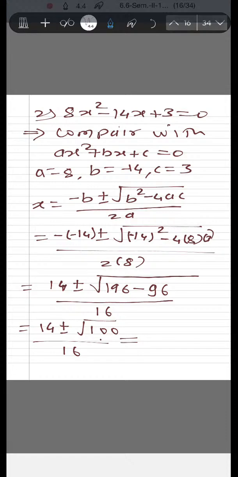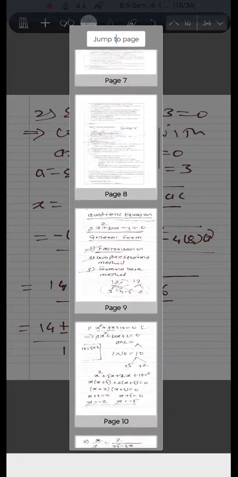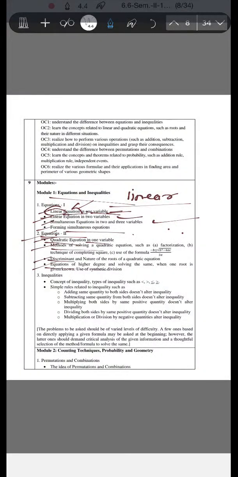Hopefully now you have understood these two methods to solve a quadratic equation. Okay, see, in this lecture we have already covered quadratic equation in one variable, then the technique to solve, then the discriminant value, an equation of higher degree and solving the same one root.